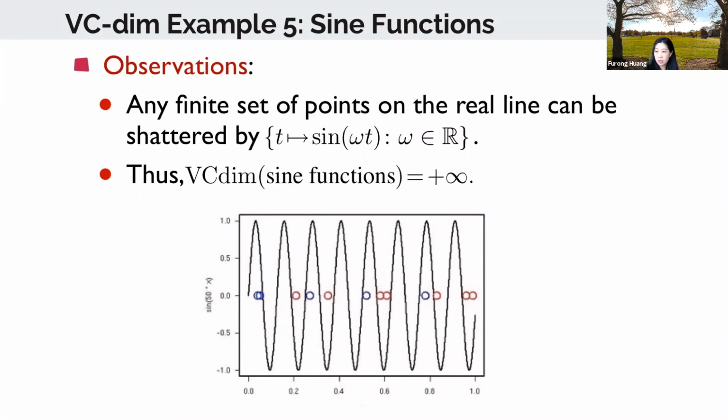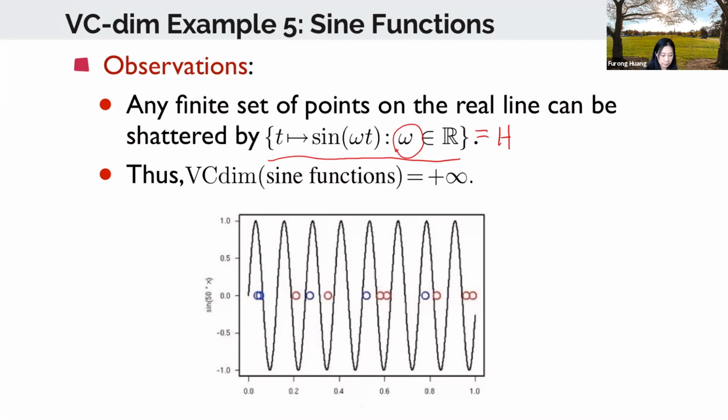So this is the so-called hypothesis set, this is your H. Your H allows any choice of omega. You can see omega helps you understand the frequency of this periodic function, how frequently it goes back to its original value.